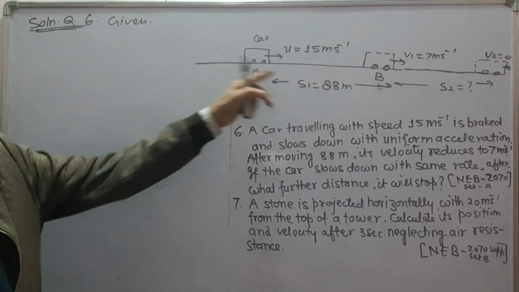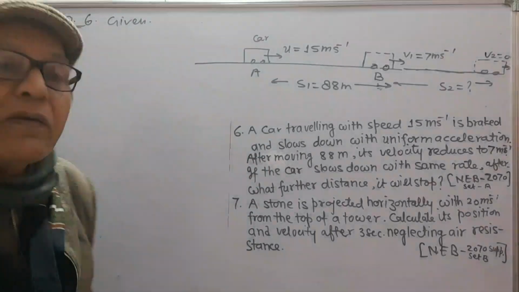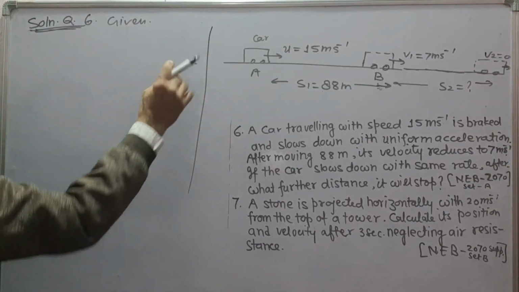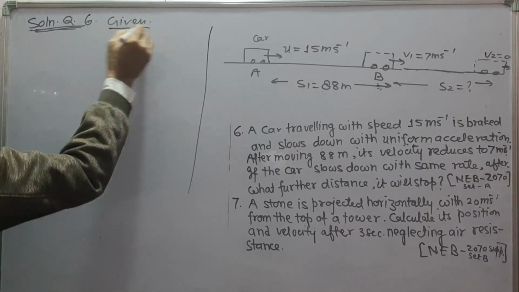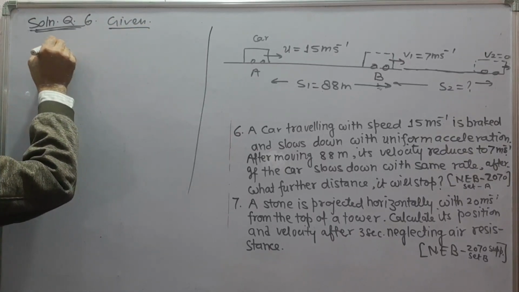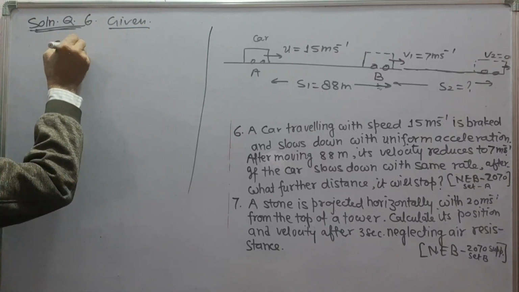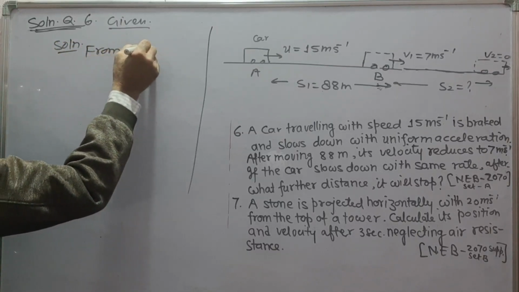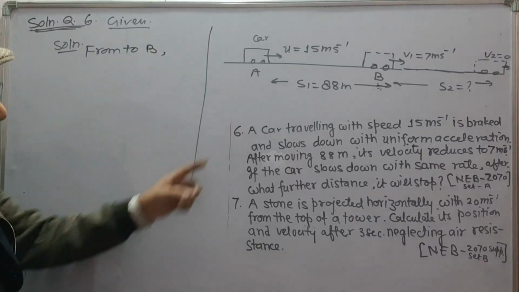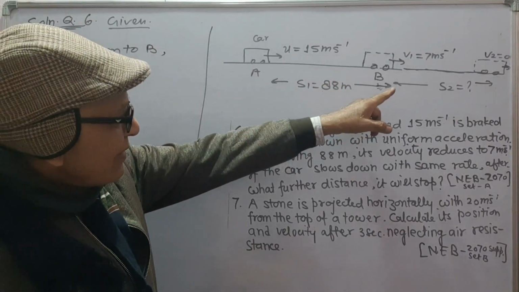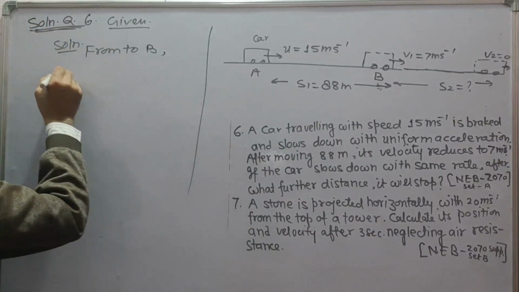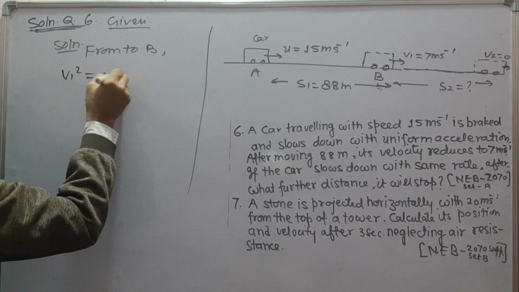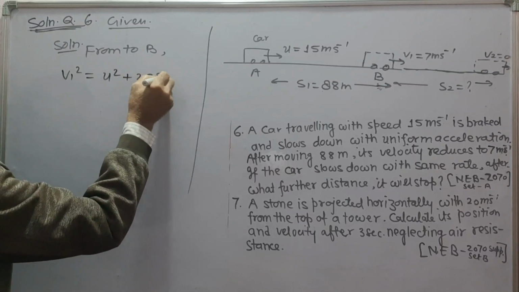Retardation is same throughout. Solution. From A to B, we have v1 square is equal to u square plus 2a s1.